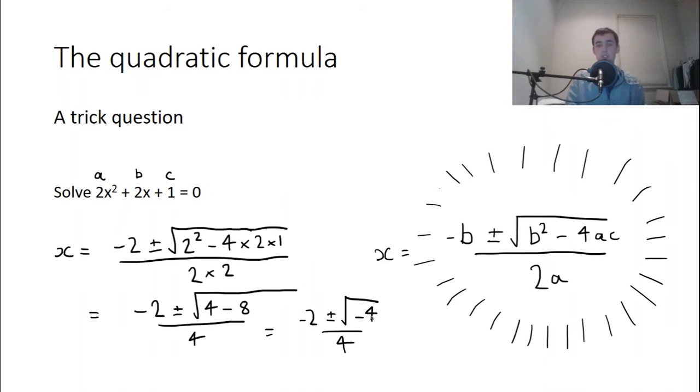Now, if you look at this negative 4 and alarm bells are not going off in your head, think again. Square root of negative 4, think about that. How can you do the square root of negative 4? I mean, you can do the square root of 4, that's equal to 2. But remember, with square root, we're trying to find a number that, when you times it by itself, gets to the number inside the square root.